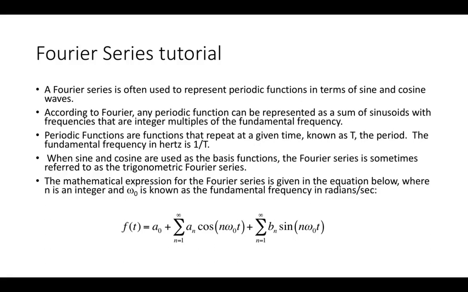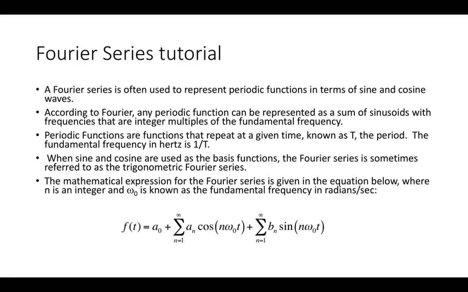When sine and cosine functions are used as what's called basis functions, so what are basis functions? This is a mathematical thing that you'll see later, so it's not something you need to commit to memory at this point. But basis functions tend to be orthogonal functions, like a family of functions. Sines and cosines are one option for basis functions.